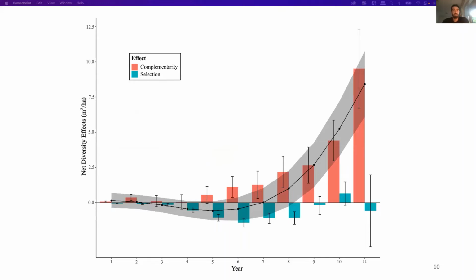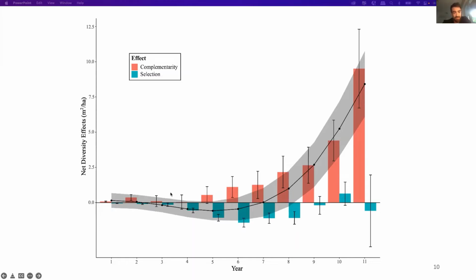The results of this study show a non-linear dynamic of diversity effects on productivity during the early stages of stand development, which became significantly positive 9 years after the establishment of the experiment. As we can see in this figure, the strengthening of the diversity effects since year 5 or year 6, more or less, was driven mainly by increases in complementarity effects as stands developed.